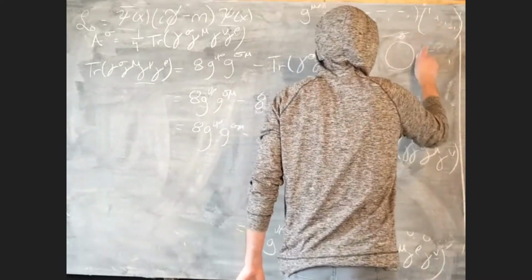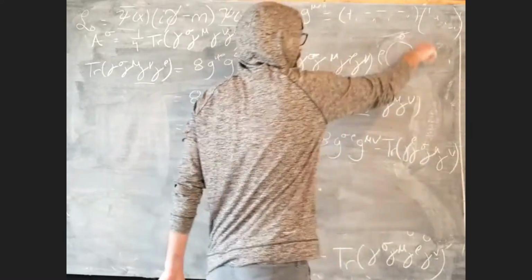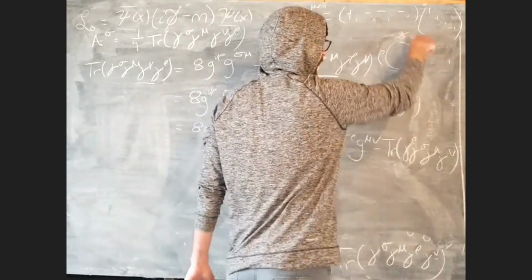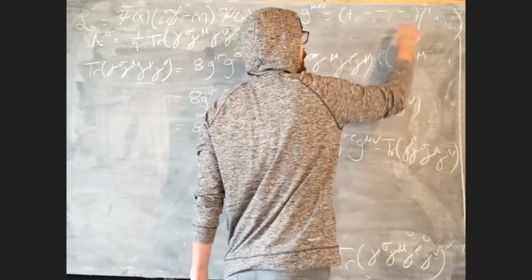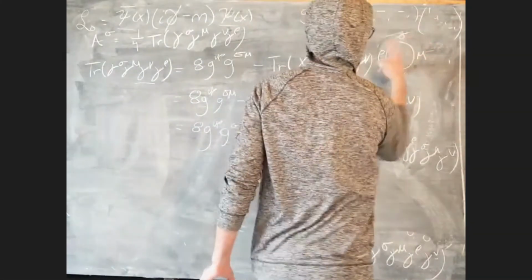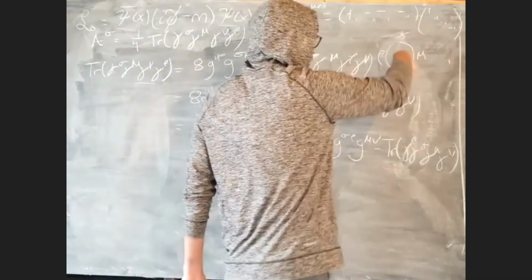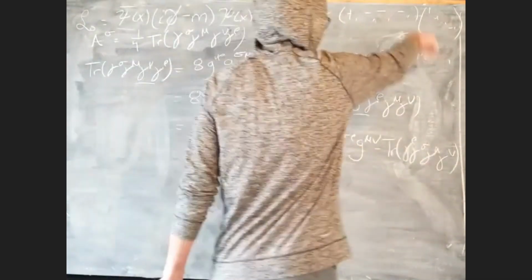Sigma, mu, nu, rho. As long as I'm going around this circle, it's okay. I can start here and go sigma, mu, nu, rho. I can start here and go rho, sigma, mu, and nu. What I can't do is flip these around. So as long as I follow this circle, I can rearrange these however I want.